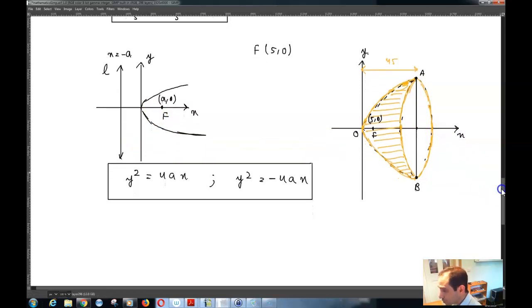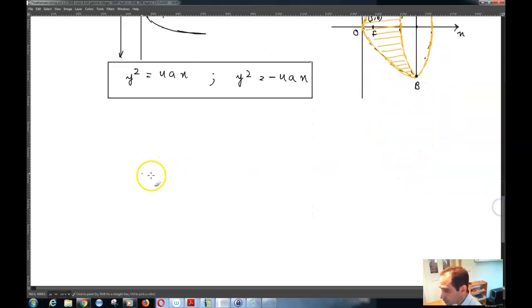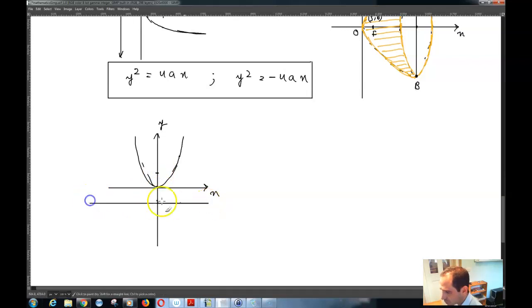And additionally, you could have your parabola this way. Let's say that this is the y-axis and this is the x-axis, and the parabola opens upwards like this. Your focus comes over here, your directrix is over here, so this is L, and this is y is equal to negative a.